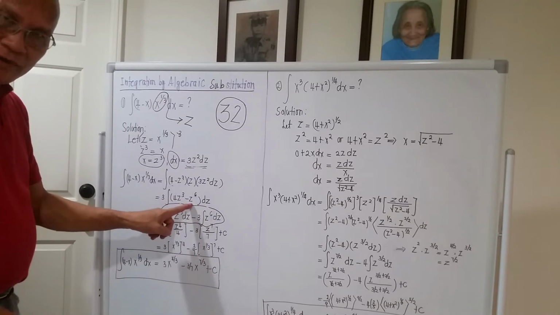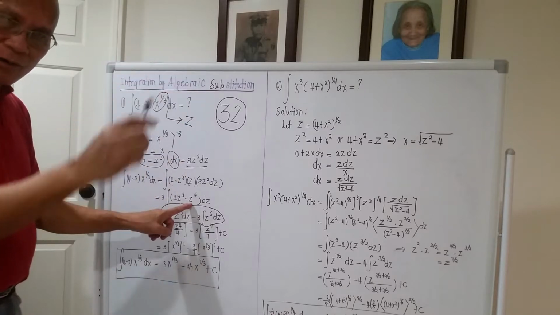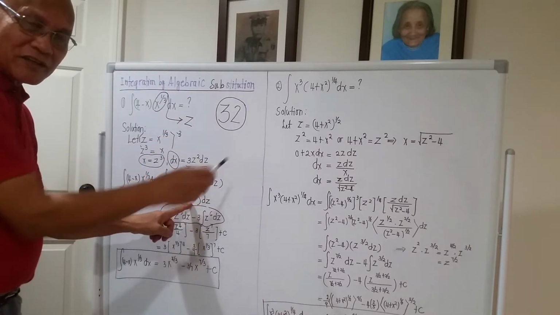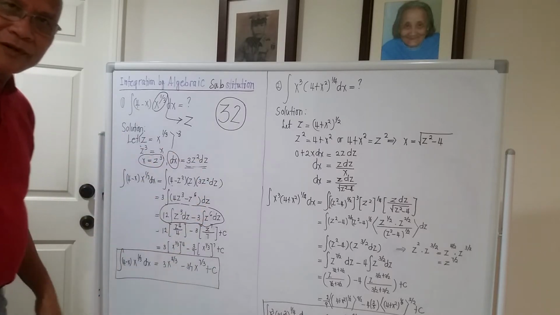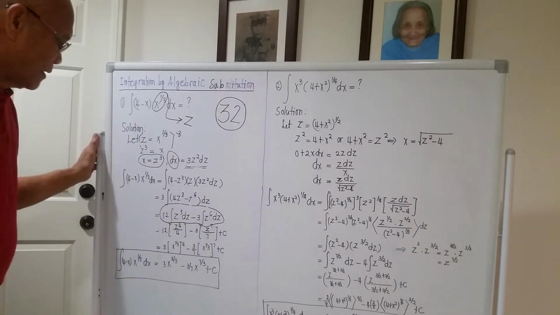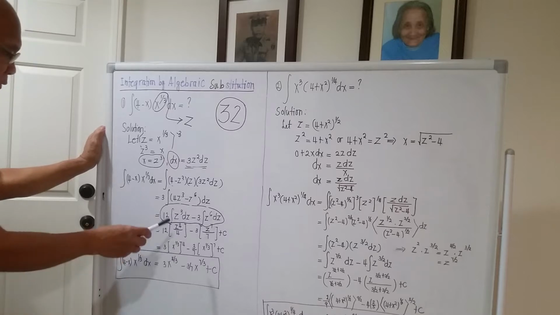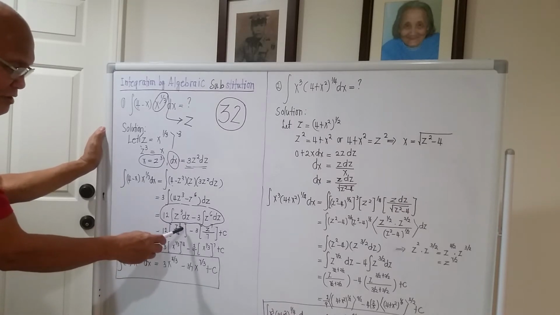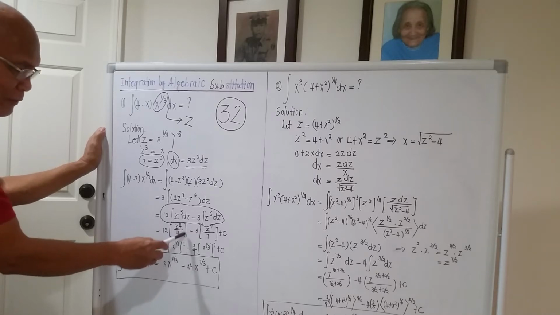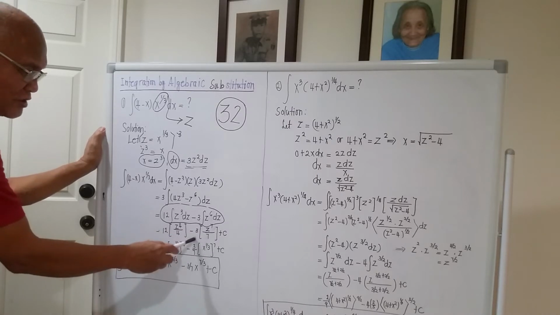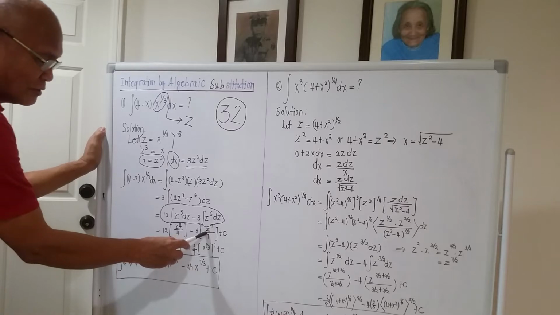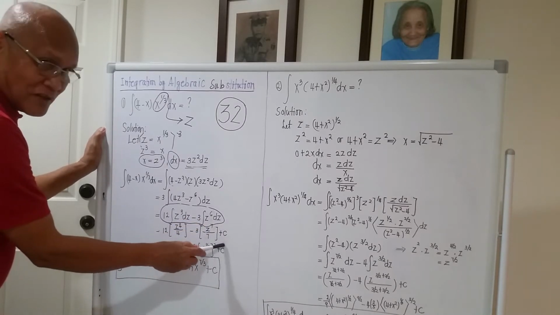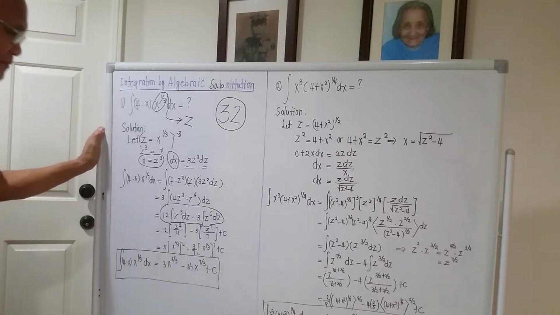Recall the integration formula. So it falls under the power formula. So this should now be 12, z raised to 3 plus 1, which is 4 over 4, minus 3, z raised to 6 plus 1 is 7 over 7, plus c.